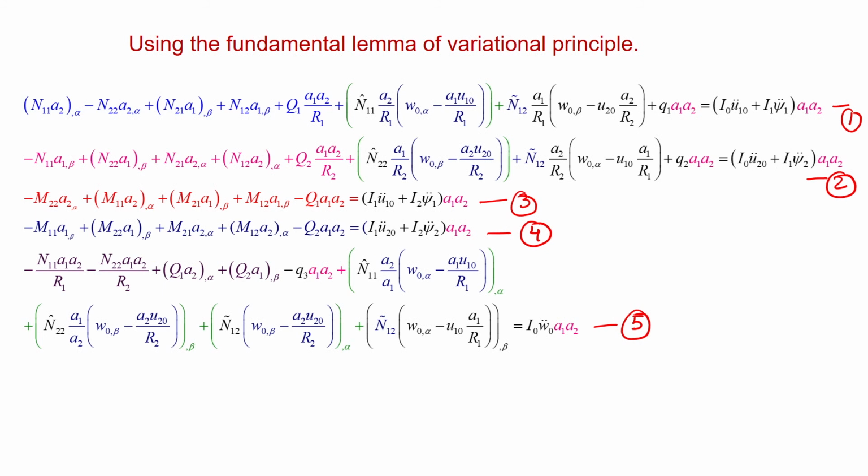I would like to point out that for a plate equation, I am going to write for a rectangular plate, for a static case: Nx comma x plus Nxy comma y, then Nxy comma x plus Ny comma y, equal to 0.